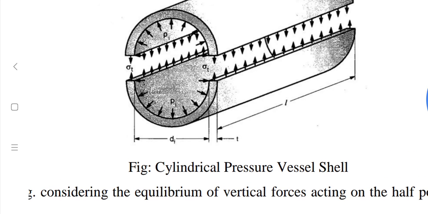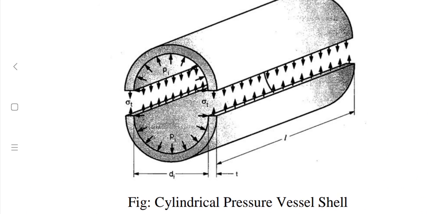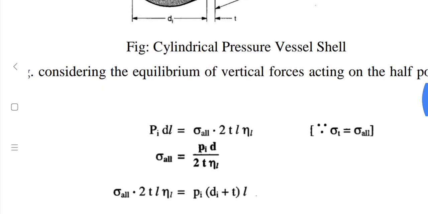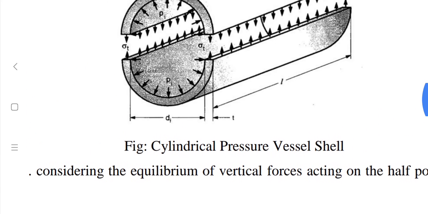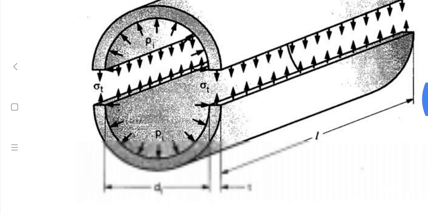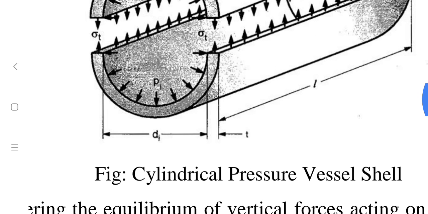Let us consider the half portion of cylinder, that is the bottom portion. Here you can observe the Pi, that is internal pressure, which causes pressure force exerted on the surface Di L. So we have pressure force Pi into Di L, and it is equated to force generated due to stress. We know that the basic formula of stress is force per unit area.